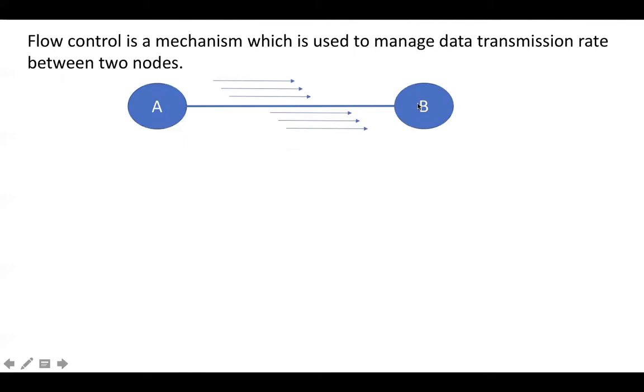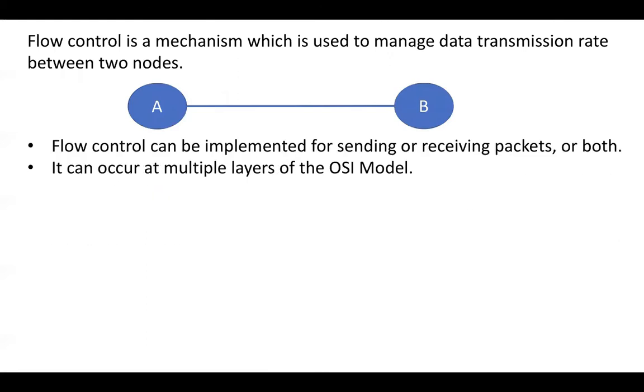This generally happens when the source is faster than the destination device in terms of speed or processing. Flow control can be implemented for sending data, receiving data, or both.